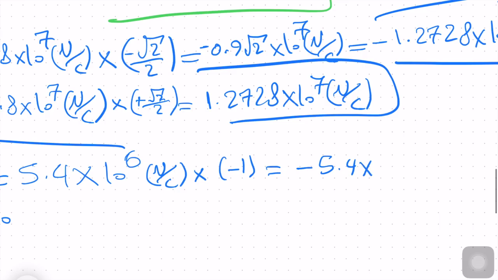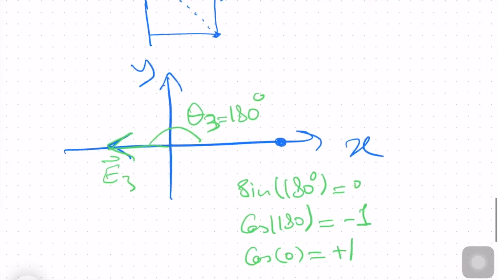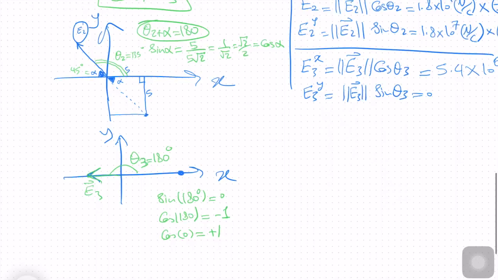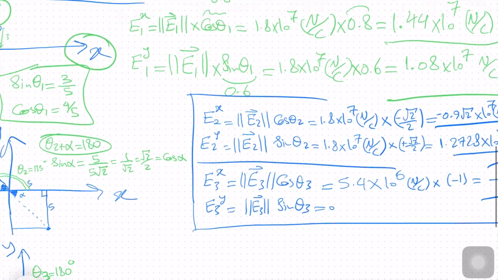So it's minus 5.4 times 10 to 6 Newton per Coulomb. Again, I'm trying to be really pedantic here, but you could have just said E3 is all pointing in the minus x direction, so I'm just going to write its magnitude and put a minus sign behind it, and that's it. All right, so now we have all of these guys.